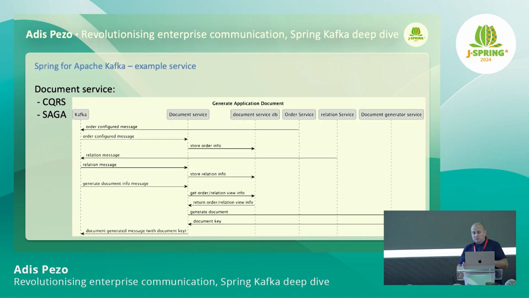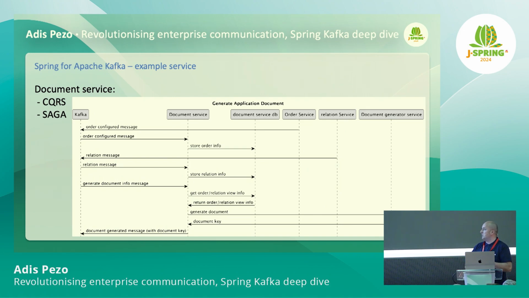So what is basically the application that we're going to build? Well, I've built the document service. On the left, you see Kafka as a part of this diagram. Going back, what are we doing?